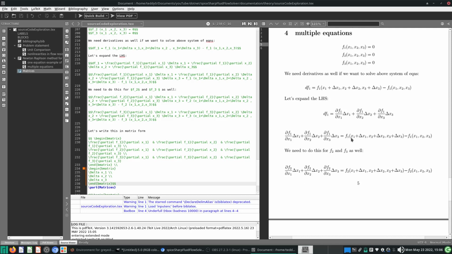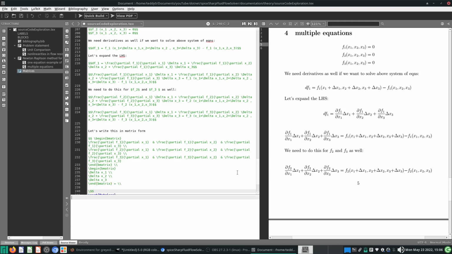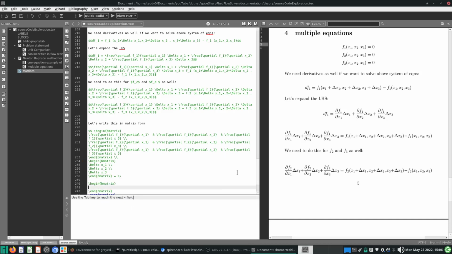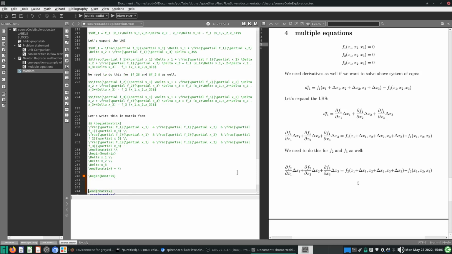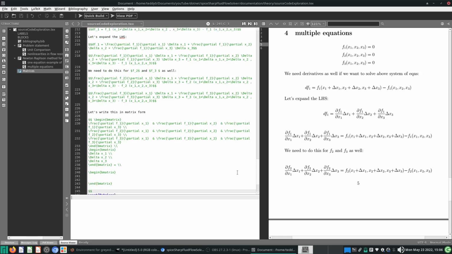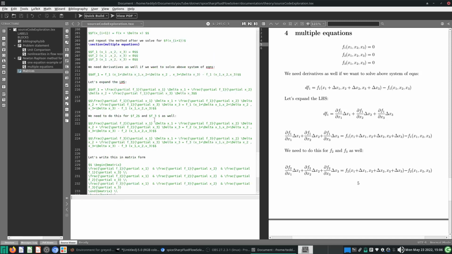Right, and then this f1, x1, delta x2, all this will be, of course, put into a matrix as well. I need to put this matrix here. Begin B matrix. Now I'll put the $$ right at the end. So yeah, we'll just take it step by step.